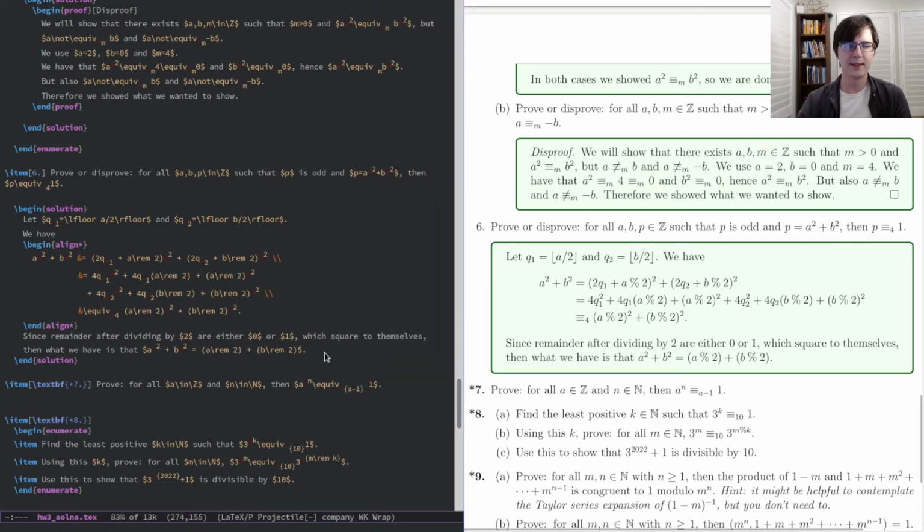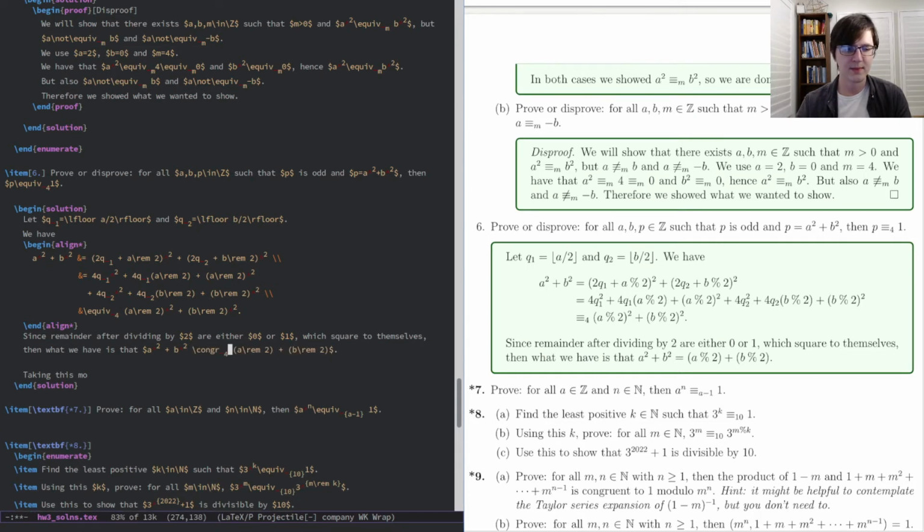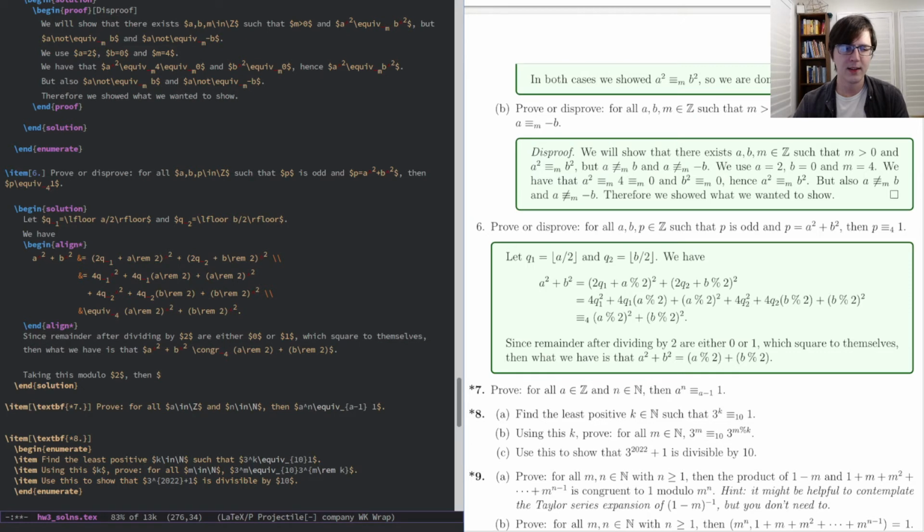Okay, so now, okay, now taking this, oh wait, that's not equals. Yeah, so taking this modulo 2, then we learn nothing.